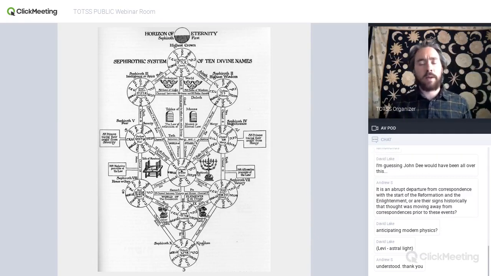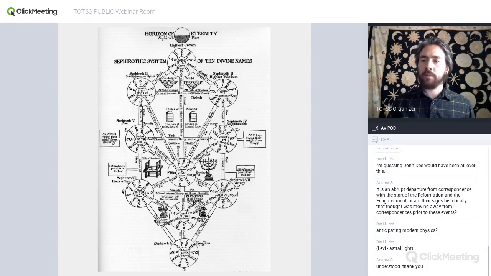And then eventually Jean-Baptiste Alliette, an important early esoteric writer on the tarot, does it in a completely opposite order to the way that we do it, where Aleph corresponds with the last trump, and then it goes backwards.